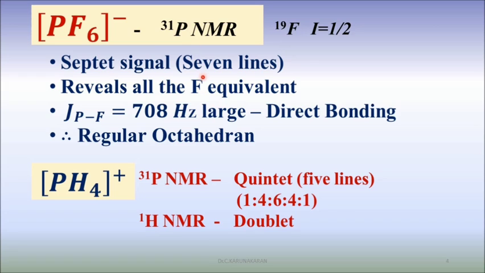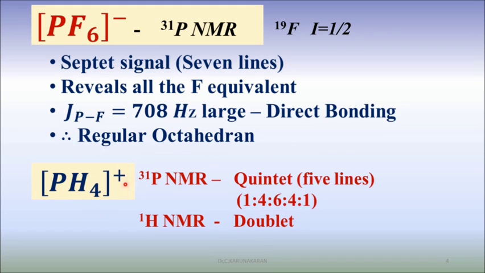It gives a septet signal, 7 lines. There are 6 fluorine atoms. Therefore, phosphorus couples with the 6 fluorine atoms to give a septet, 7 lines. It reveals that all the fluorine atoms are equivalent. Therefore, the geometry is regular octahedral.